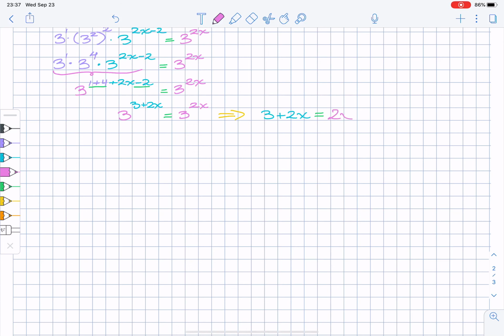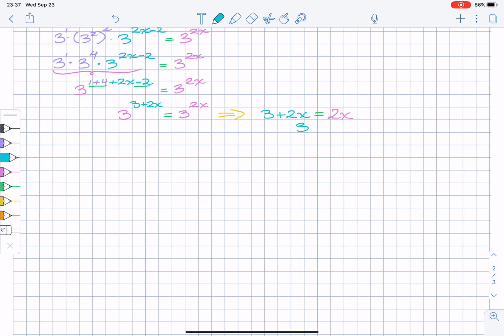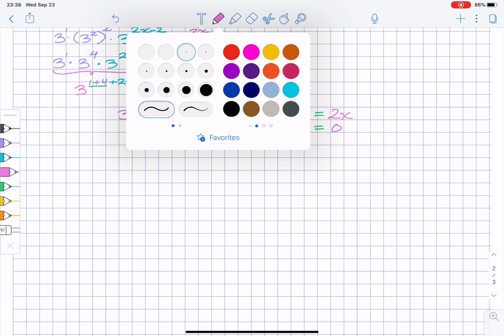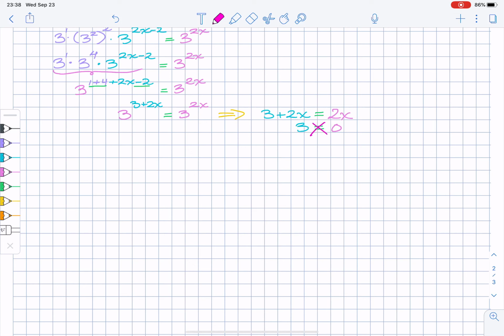That's interesting, because what happens when I subtract 2x from both sides? I get that 3 is equal to 0. Is that possible? No, that's never possible, right? So this is what we call no solution. So this symbol means empty set.